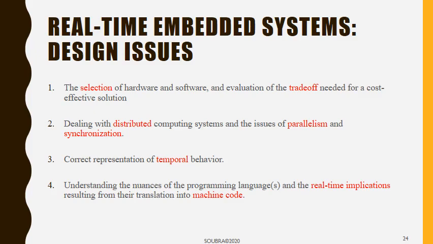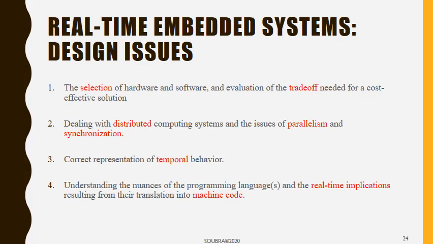So how to deal with parallelism, how to do some load balancing, and how to synchronize between the different cores that are working together in order to provide some functionality. This should take into consideration the temporal behavior, so we have to have some kind of correct representation of this behavior, because deadlines are crucial when it comes to real-time embedded systems.